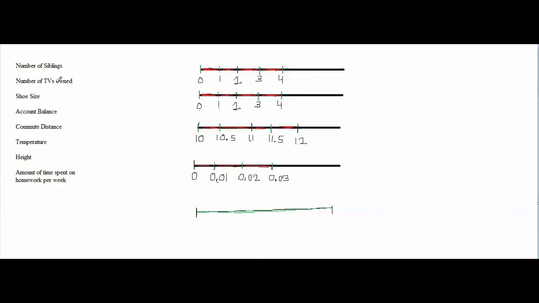No one would make 2.5 TVs. Also, shoe sizes are only created in certain amounts. People who make shoes have decided that the possible shoe sizes should be 10, 10.5, and 11, and so on. And they've decided that there shouldn't be any shoe sizes in between these numbers.